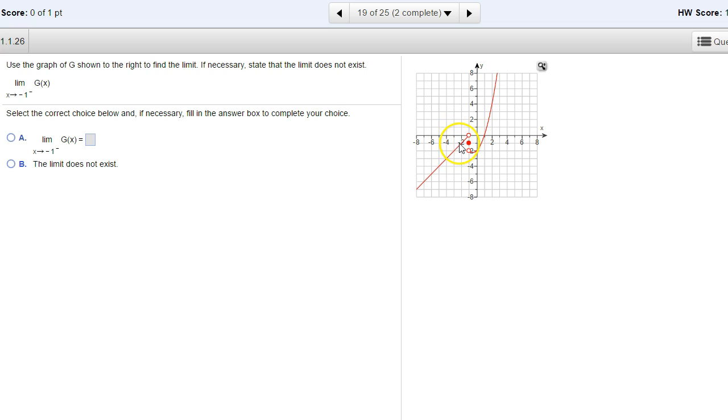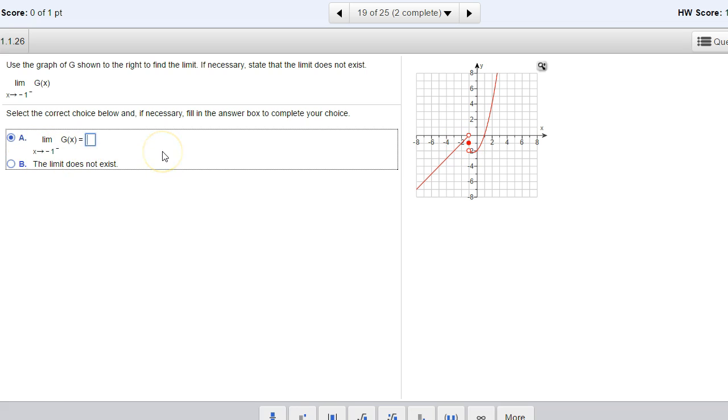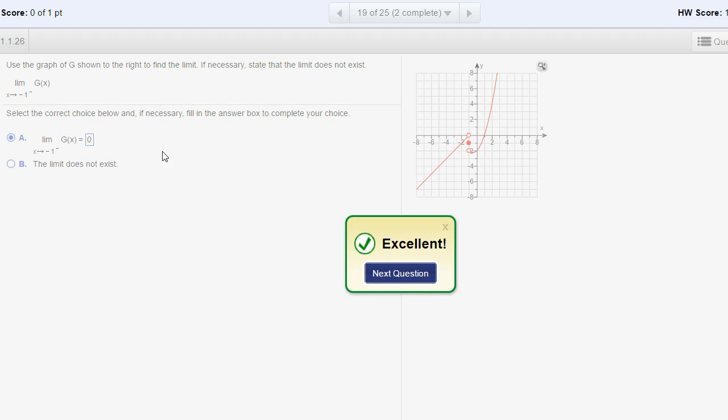As we do that, the function is approaching 0. It does not matter that the function is actually equal to -1 at -1, or that there's this other open point at -2. As we approach -1 from the left, we approach 0 on the function. It does exist. It's equal to 0.